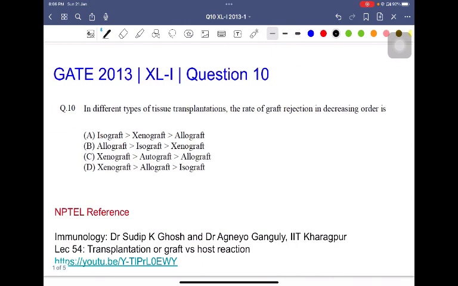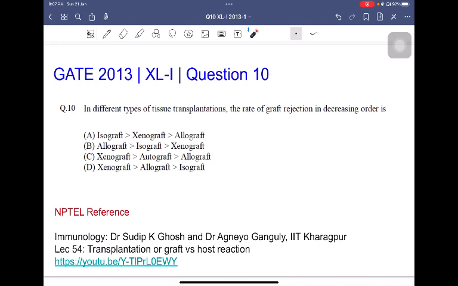Now, this transplantation is actually a difficult process. Tissue transplantation has a major problem with it, which is graft rejection. Graft rejection is when the body rejects that particular graft. It can be a tissue, it can be an organ.